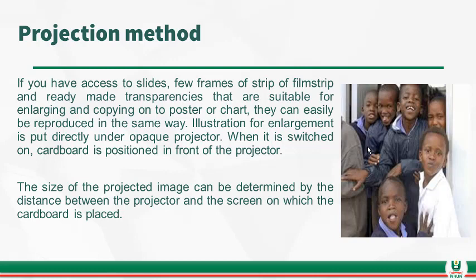The size of the projected image is determined by the distance between the projector and the screen on which the cardboard is placed. So when we move away from the board or the projector screen, the image becomes larger. The closer the projector is to the screen, the smaller the image.